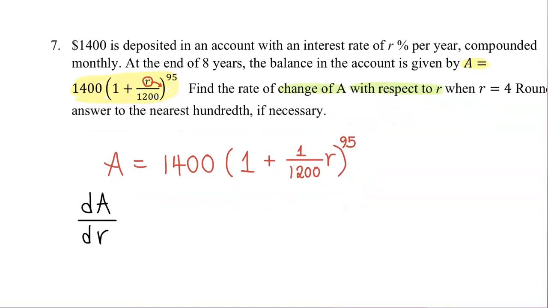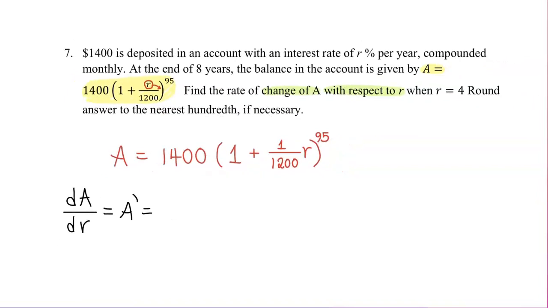But you know, this is just another notation for A prime. So all I need to do is take the derivative of this function A, and after finding the derivative, guess what number I'm going to plug in? R equals 4. So let's do that.